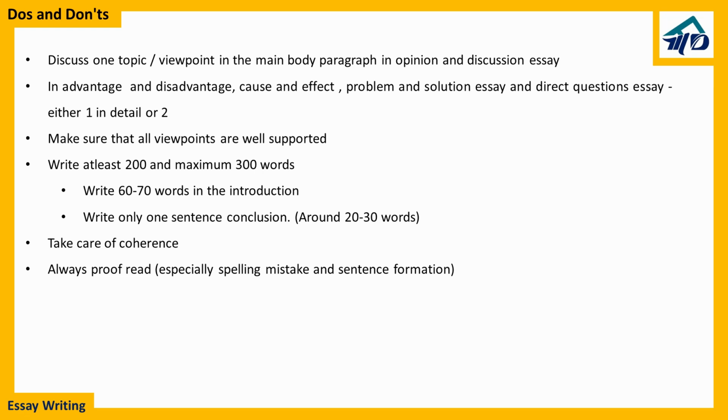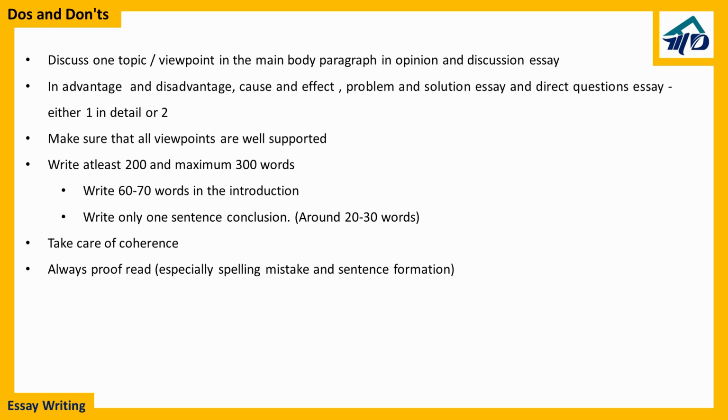Then guys, about proofreading. Always go for proofreading. Spare at least 3-4 minutes. Check if you have missed a comma anywhere or not. Spelling mistakes: you cannot make more than one spelling mistake. More than one spelling mistake, 0 marks.